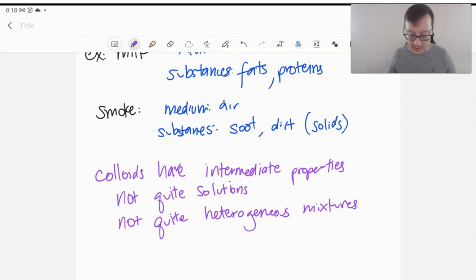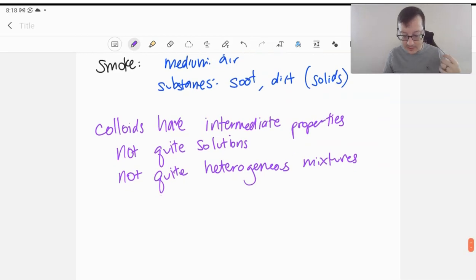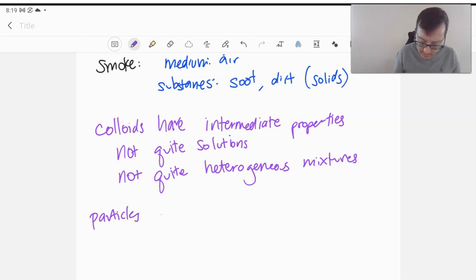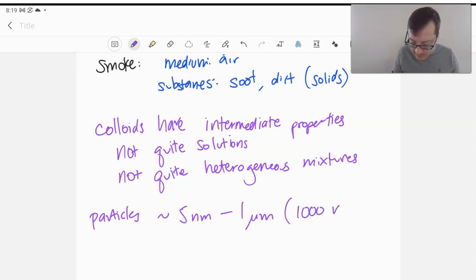And what's interesting about these is that the particles within a colloid are usually about 5 nanometers to 1 micrometer, or 1,000 nanometers in size. And so they're actually big enough that they will scatter light, but not so big that they will fall out of solution due to gravity.